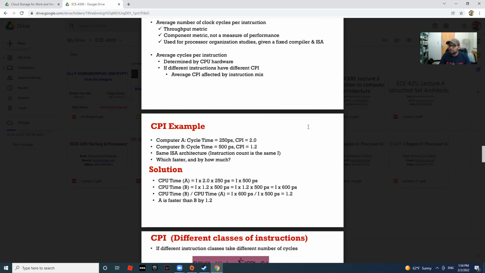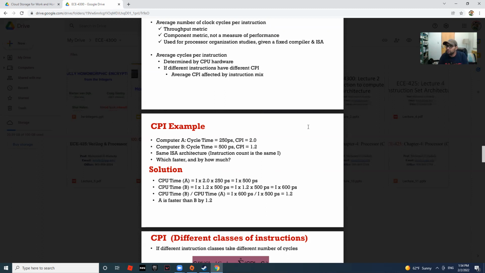Very easy practice, right? If we go to the equation at the top, the number of instructions is I, times the number of cycles per instruction, 2, times the cycle time, 250. The total is the number of instructions, I, times 500 picoseconds. Then in B, I do the same thing: 600 picoseconds.